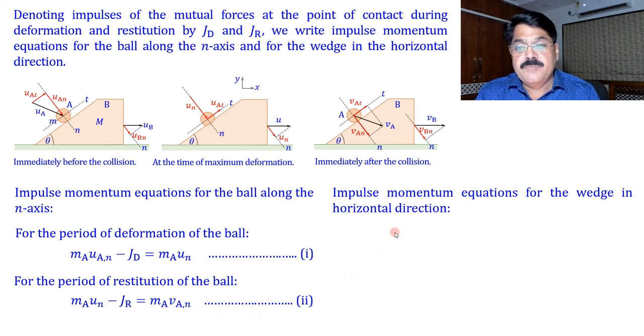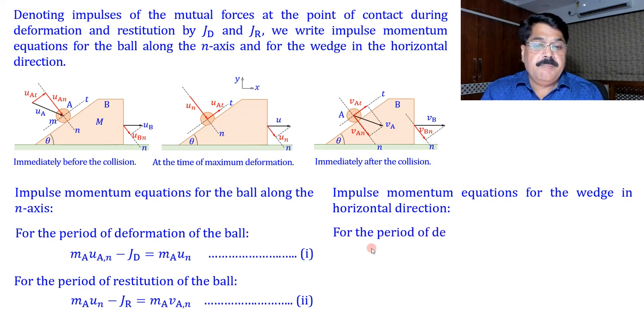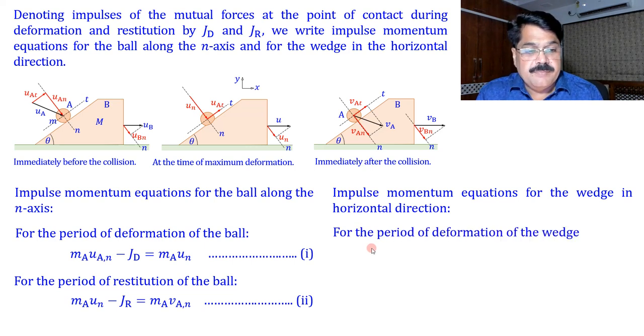Let us write. For horizontal, what we can say? For the period of deformation, let us think what it will be. In horizontal direction, we have to consider the horizontal component of impulse of deforming forces during deformation period.